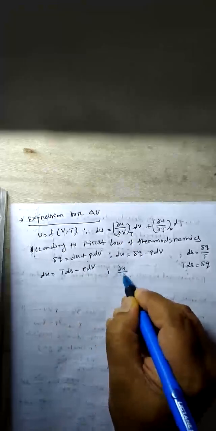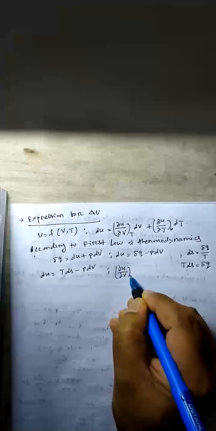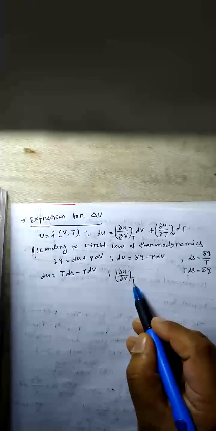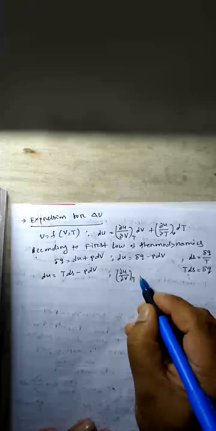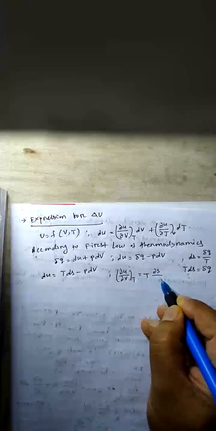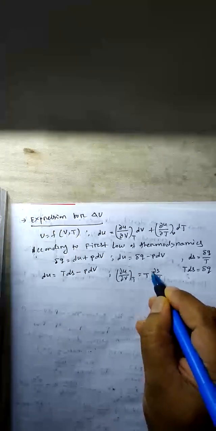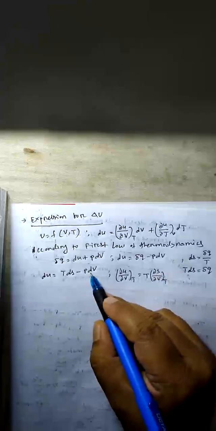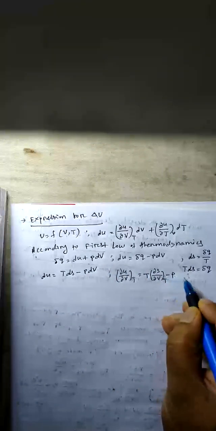What we get? ∂U/∂V at constant temperature, I write ∂ here because in this case there are two variables, V and T. So we vary with V, keeping the temperature T constant, is equal to T ∂S/∂V at constant T minus PdV by dV. dV cancels. We get minus P.